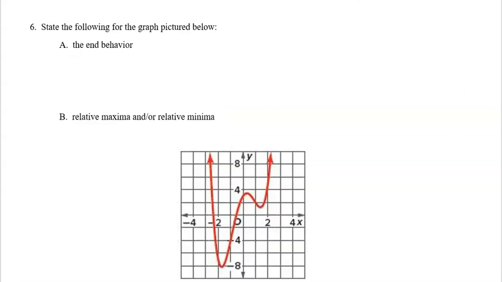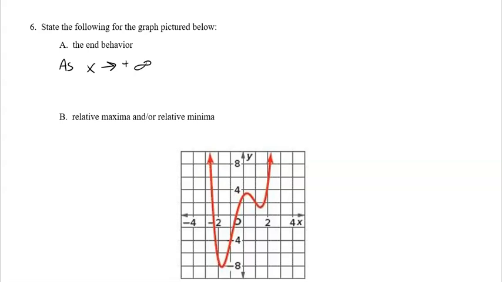Okay, so for number 6, we have this graph, and we are supposed to, first of all, determine the end behavior of the graph, and then we're going to identify any relative maxima or minima. So the end behavior would look like this, describing the right end as x approaches positive infinity.